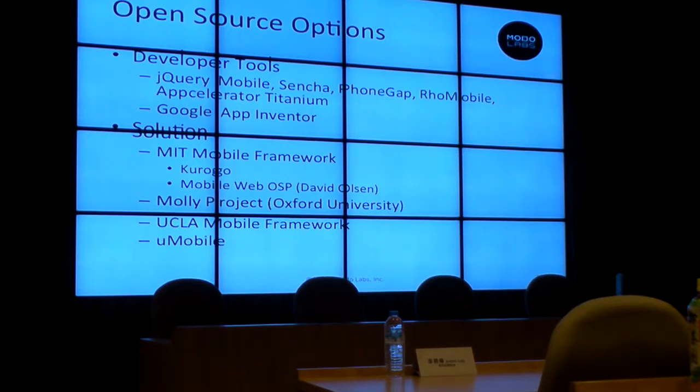That's open source, and it is being used a lot. Sencha is another one. You should definitely check out all of these tools if you're interested in developing these things. But these are essentially front-end developer tools.